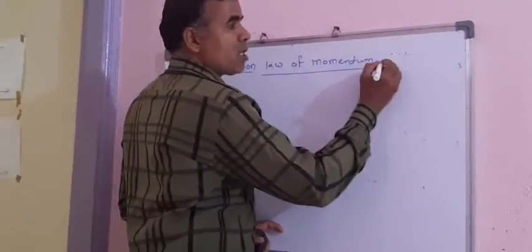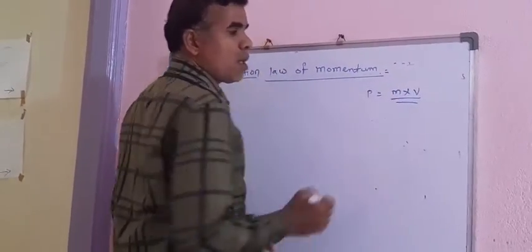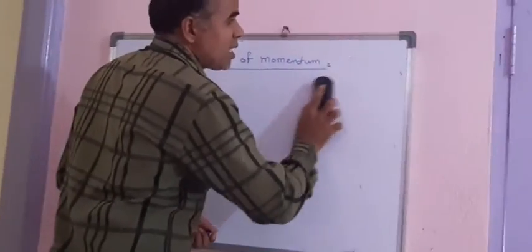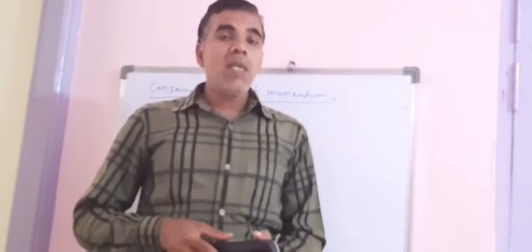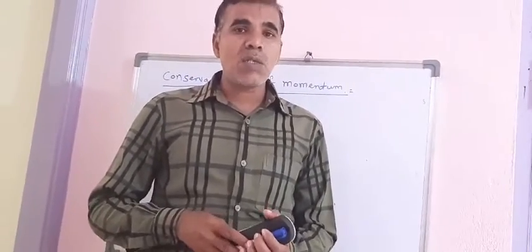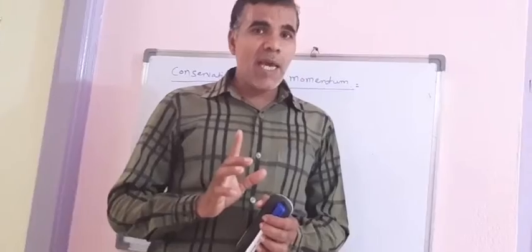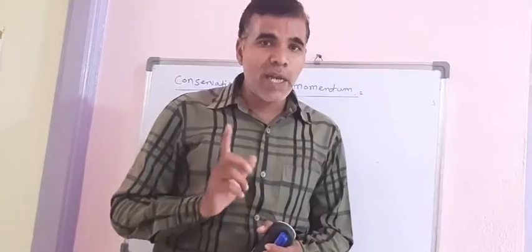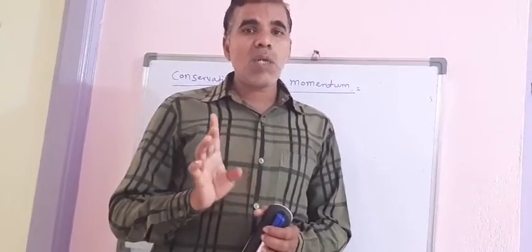We know that momentum is the product of mass and velocity, P equals m into v. The law of conservation of momentum states that when no external force acts on two interacting objects, then their total momentum remains constant. It does not change.